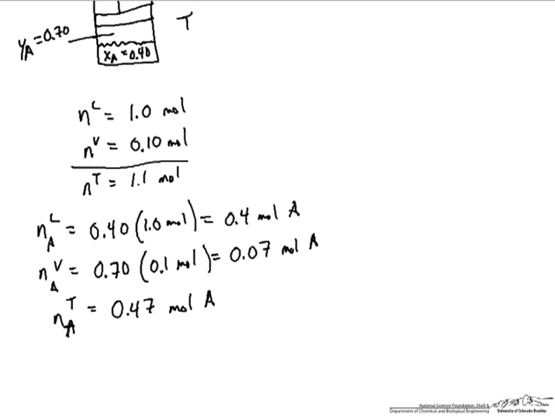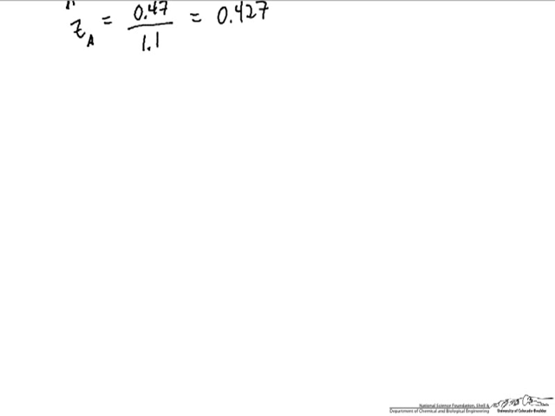Then we can see that our value for ZA, which is the mole fraction of A in the entire system, not in any given phase, is equal to this 0.47 moles of A divided by the 1.1 total moles that we have in the entire system. And that works out to be 0.427. So that's the mole fraction of A in our entire system that incorporates both the vapor and the liquid.